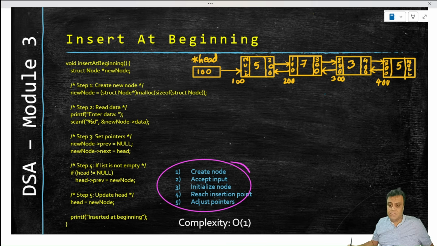If you remember these steps, you will remember the syntaxes also, or at least the basic algorithms corresponding to these steps. And these are the steps that you will do for all the insert operations, and for all the delete operations, I've also given you the same set of steps. So that way you can remember that we may need to do these steps in order to make this operation feasible.